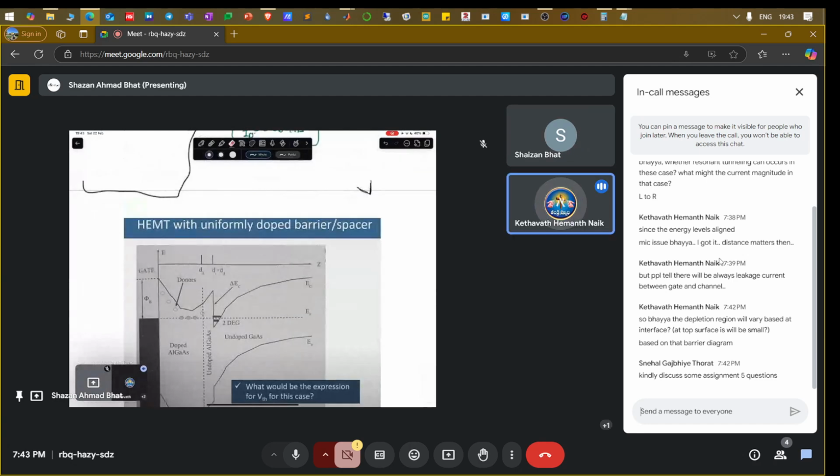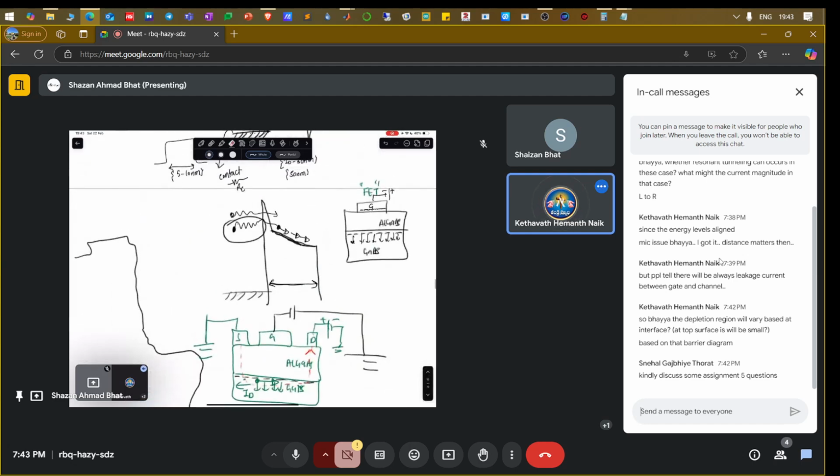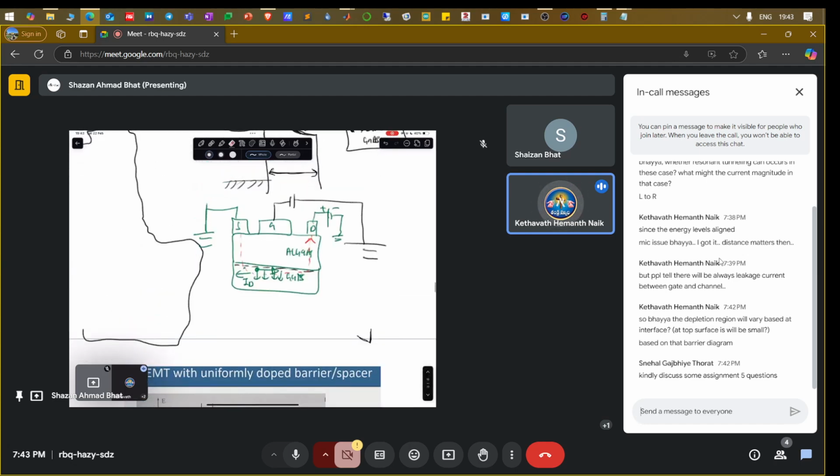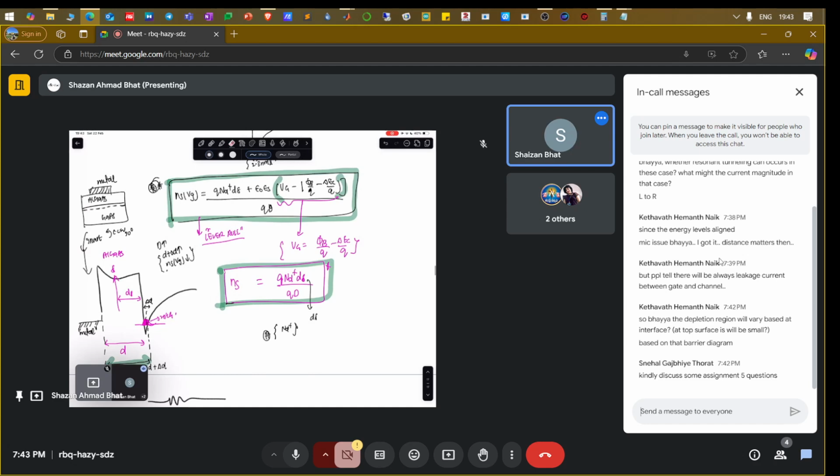So at the interface, this depletion region width can vary. Like in the diagram you wrote, at the bottom. Yeah, obviously, because you're depleting the channel of electrons with the help of the gate. That is what you found in this equation. That's why this equation is necessary. That means how the sheet charge is going to behave with the gate voltage.